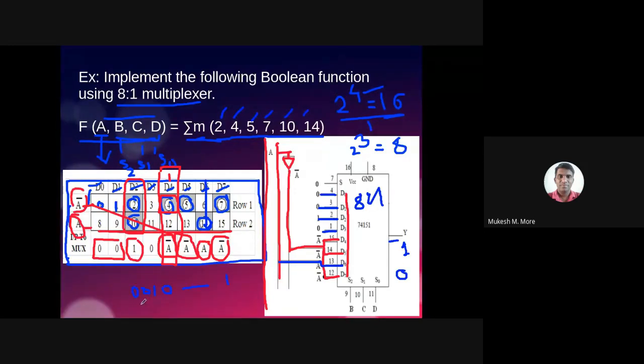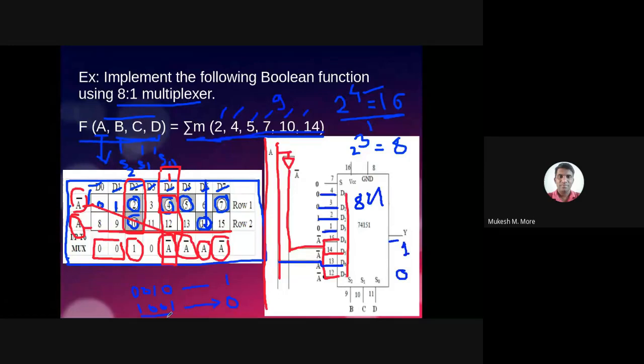Now next, if we have input 1, 0, 0, 1, then the output is 0. The reason is that this 9 is not present in the given equation, because we have designed the circuit based on this equation. So 1001 is equal to decimal 9.